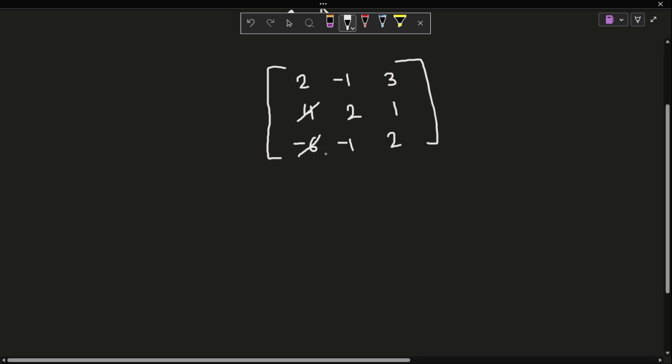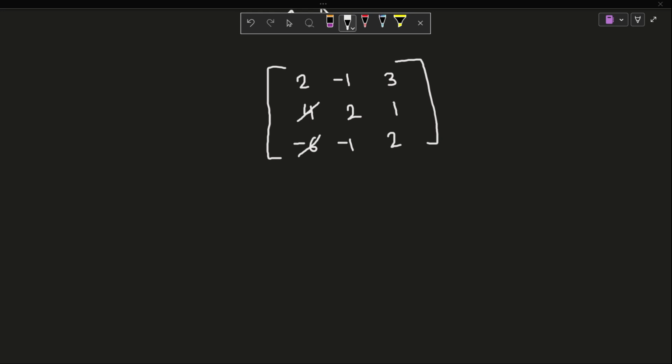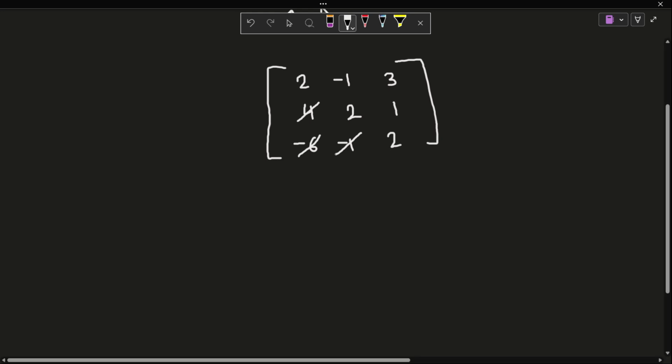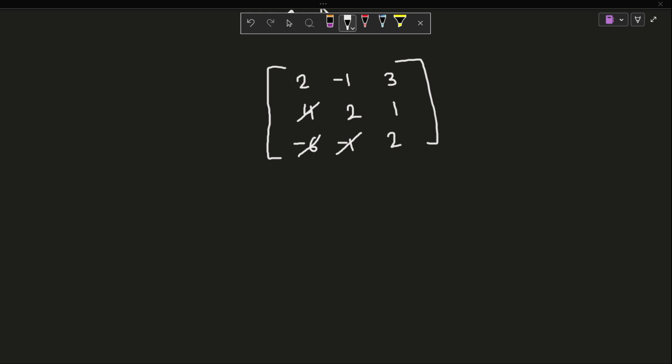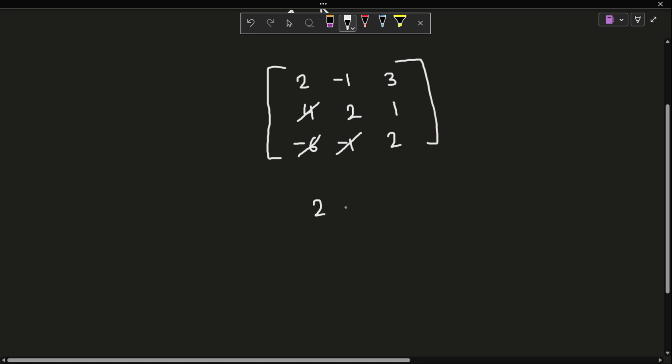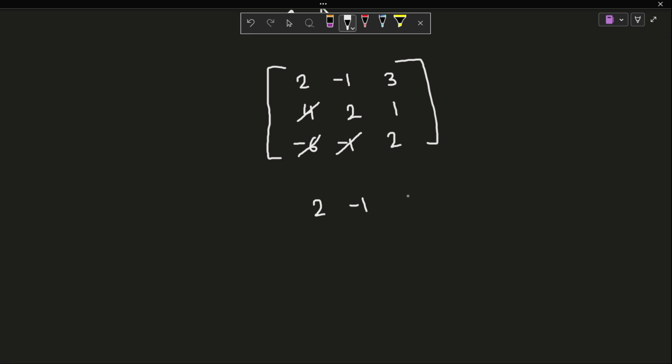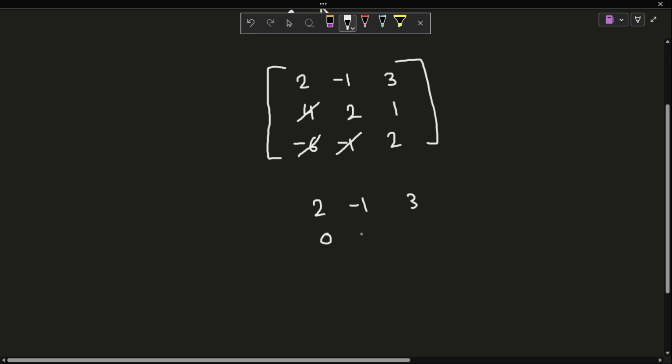Then we're going to get rid of this minus 6 by adding to the third row 3 times the first row. And then we're going to get rid of this minus 1 by adding to the third row 1 times the second row. What will that look like at the end? Well, that will look like 2, minus 1, 3, 0, 4, minus 5, and 0, 0, 6.